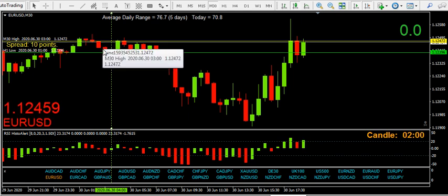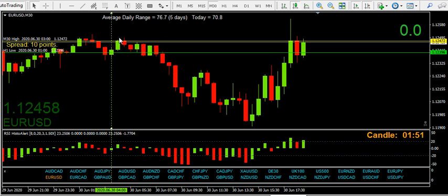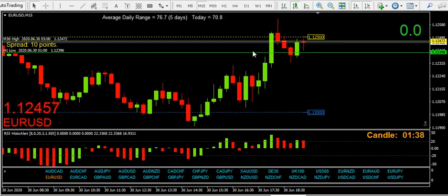But as it is, because this went straight out of alignment on the 30-minute, you can't take the trade until you come back into alignment on the 30-minute. That's important, because you do not want to be considering entering the trade on the 15-minute.